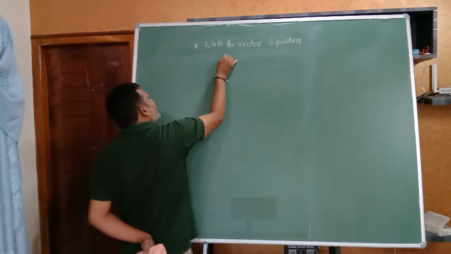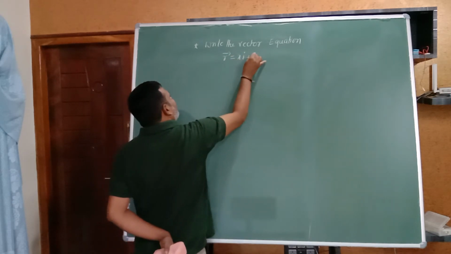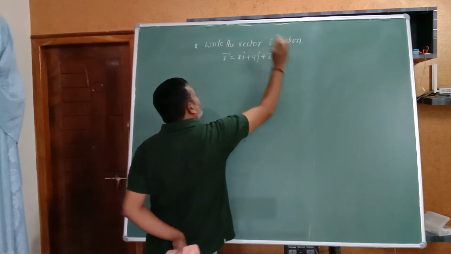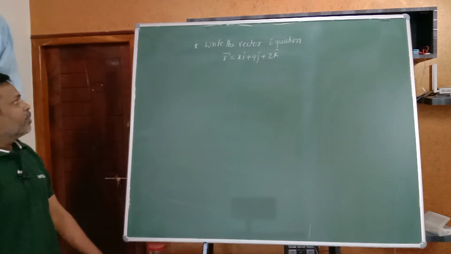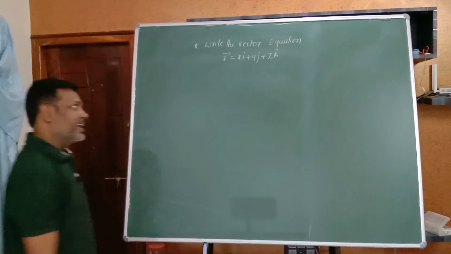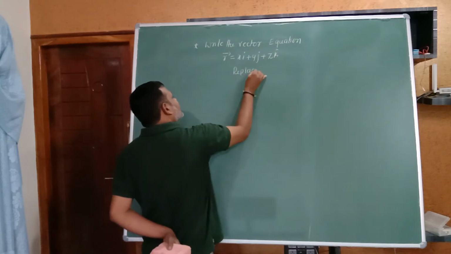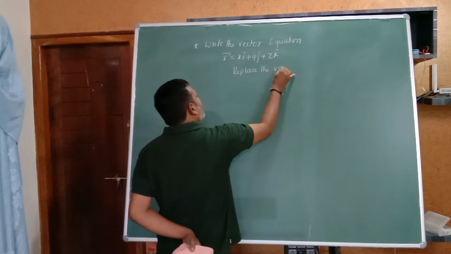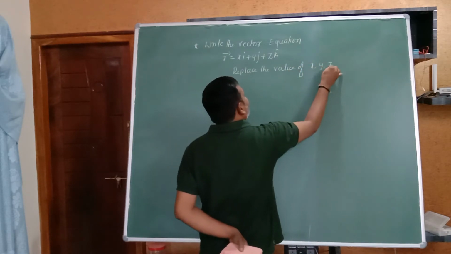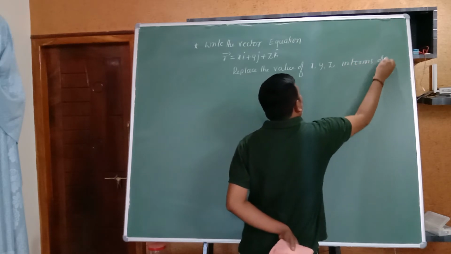The vector equation is r vector is equal to x i vector plus y j vector plus z k vector. Got my point? Write the vector equation, r vector is equal to xi plus yj plus zk. Then replace the values of x, y, z in terms of t.